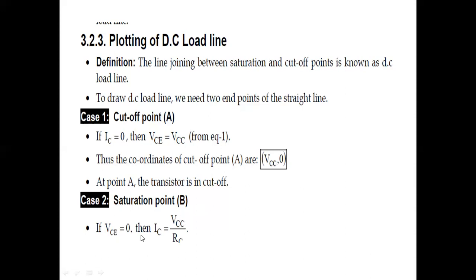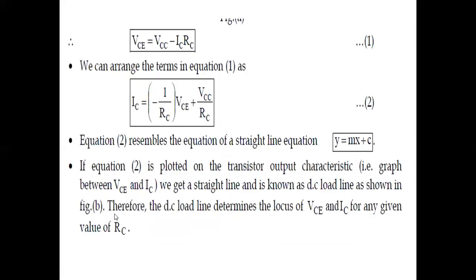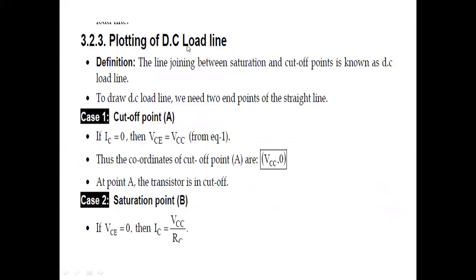So if you substitute this value in equation 1, if VCE is equal to 0, then the IC value will be equal to VCC by RC. Make a note of this. If VCE equals 0, substitute in the above equation, VCE equal to VCC minus IC times RC, then IC will be equal to VCC by RC.